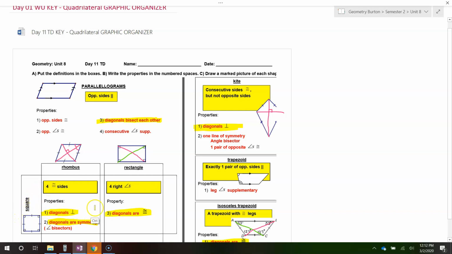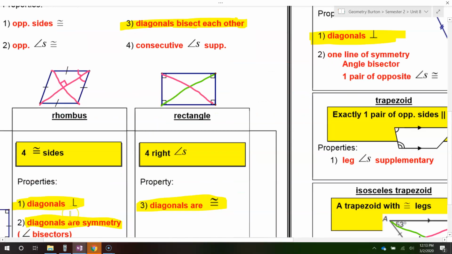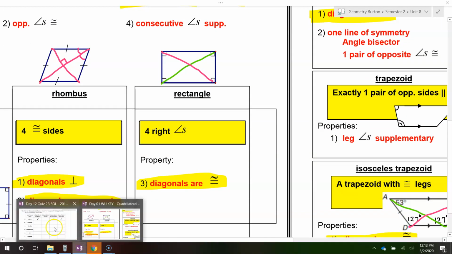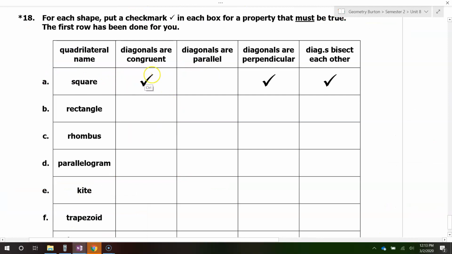So a square really has 4 properties for the diagonals: perpendicular, congruent, and they bisect each other. And there's another one that they didn't mention, about being angle bisectors, but that could have been there as well. But out of the ones that we have here, there you go.